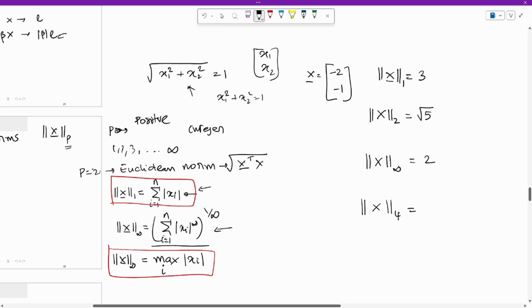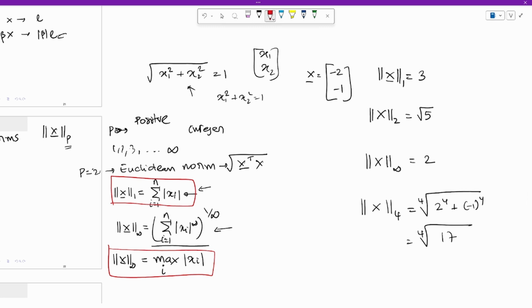You might have to use a calculator for this, but you can tell me what the initial expression is. This will be the fourth root of 2 to the power 4 plus minus 1 to the power 4. That will be the fourth root of 17. You don't have to compute it. That's the fourth norm.